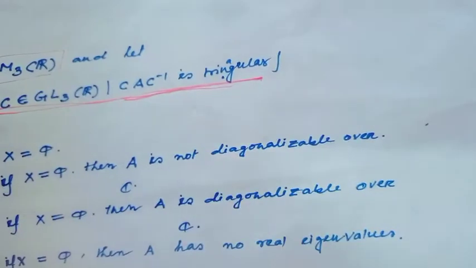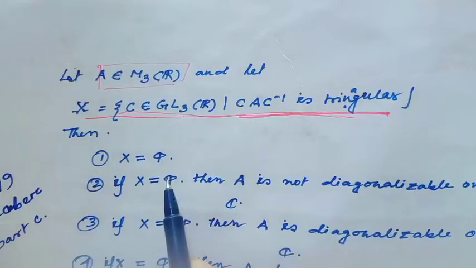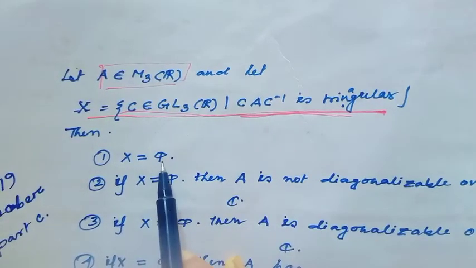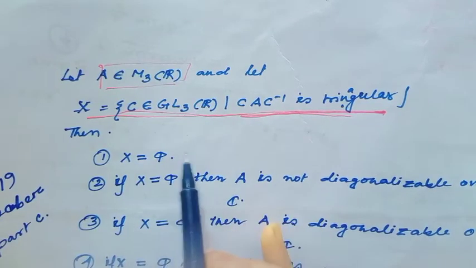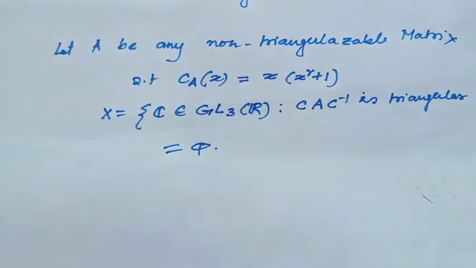Now, at first we have to show whether this set is empty. First I will say when the set X is empty: consider A to be a non-triangulable matrix. Since A is non-triangulable, obviously the roots do not belong to the real field.